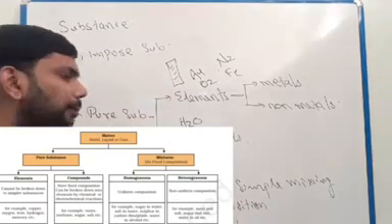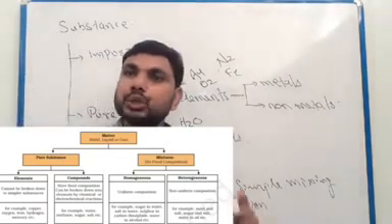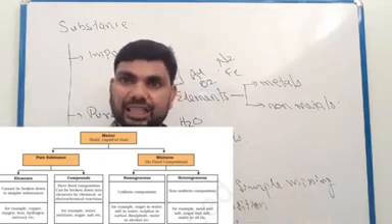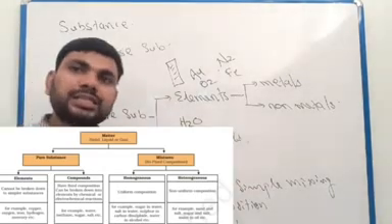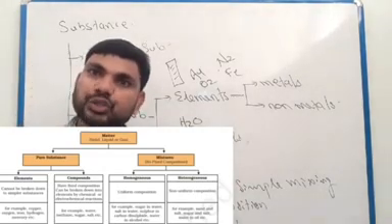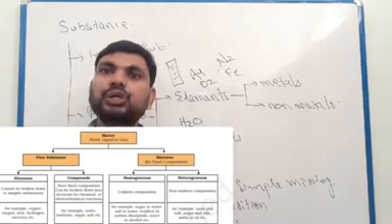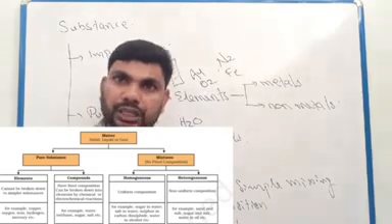Next, compound. A compound is a substance which contains two or more different atoms chemically joined together. Example, water. Water is a compound. There are two different atoms, hydrogen and oxygen, chemically joined together. It is important to say chemically joined together.